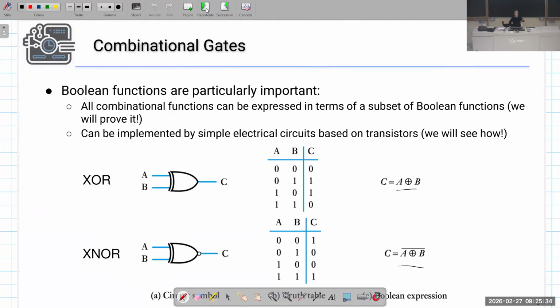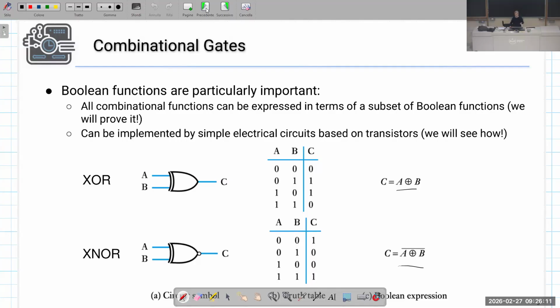Boolean functions among combinational functions are particularly important because, and we will show it later in the course, based on Boolean functions we can express any possible combinational function, following theorems of Boolean algebra, in terms of a subset of Boolean functions.